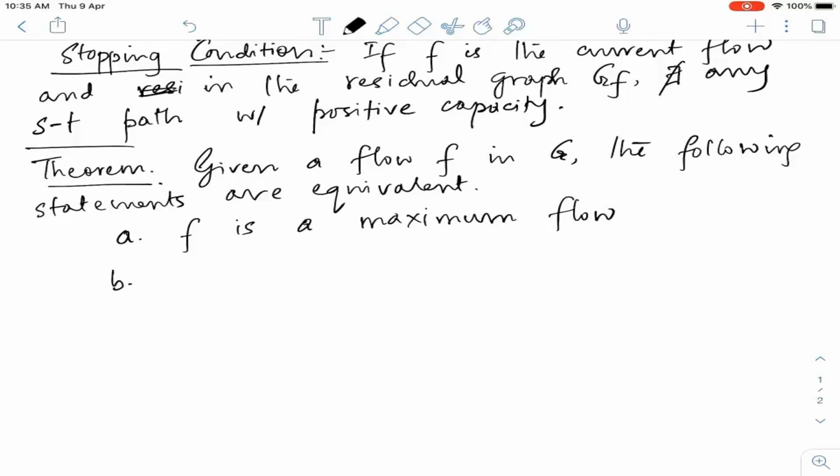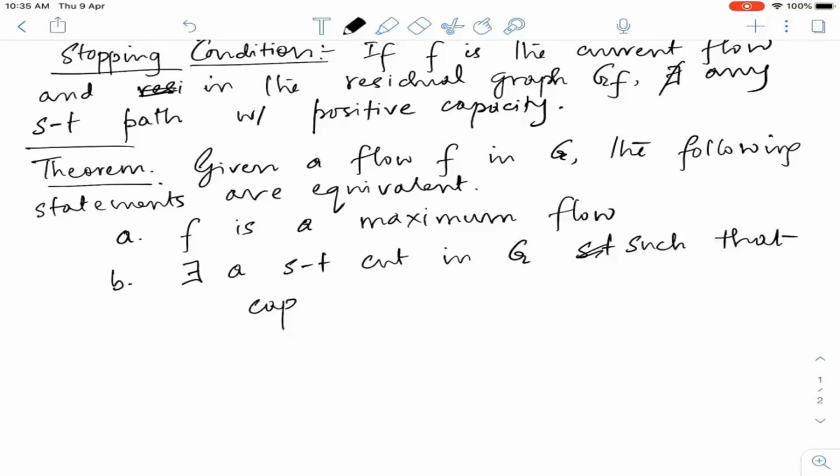There exists an ST cut such that the capacity of this cut is equal to the value of the flow. That's the second statement.